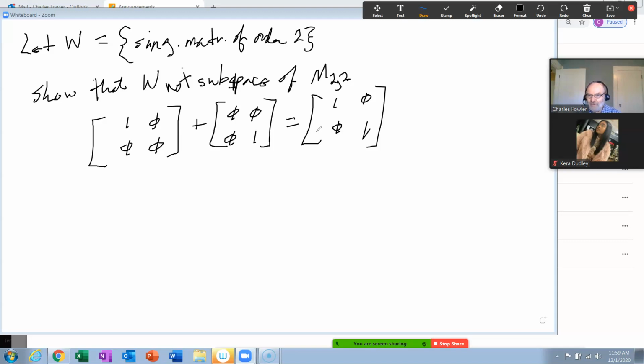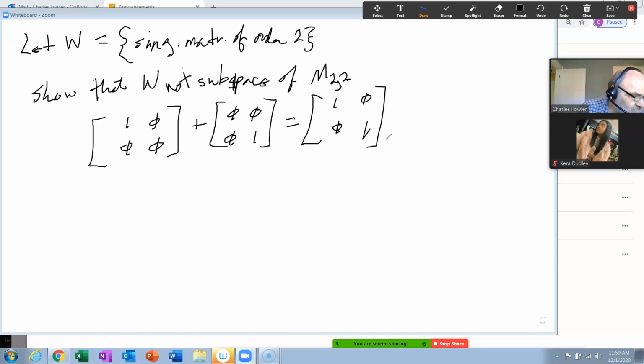Both of these are singular matrices, and in order for it to be a subspace, when you add two singular matrices together, you must get a singular matrix. This is not a singular matrix. So that's all you have to really show, is that if you can find one example that doesn't work, then you can't say it's a subspace. So let's see. That's the same one they'd used. I guess it's just because it was in my brain, but I didn't remember it.